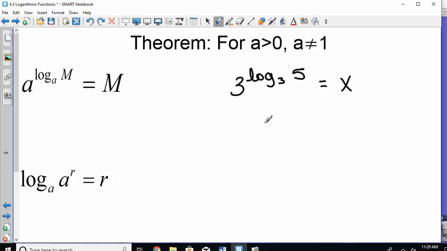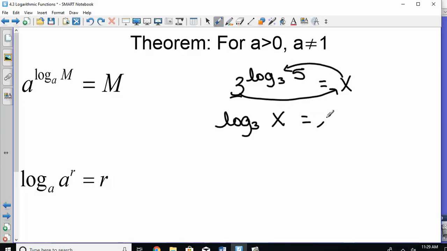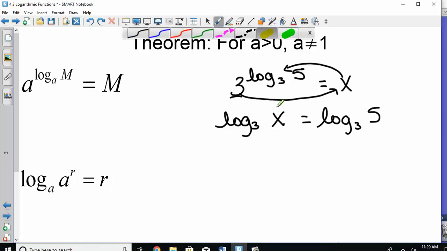If you use the definition, this would be log base 3 of x equals your exponent, which was log base 3 of 5. And so then you can see here, your x would have to equal 5. So that's why it works.